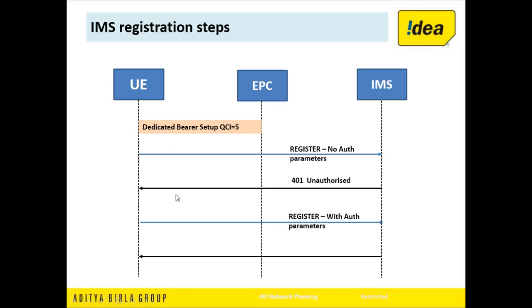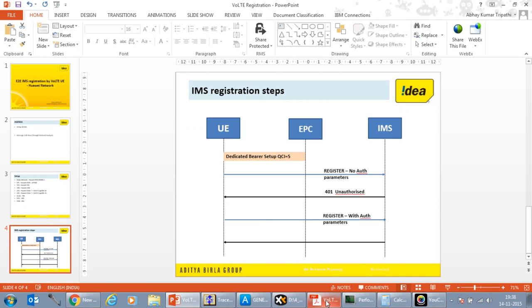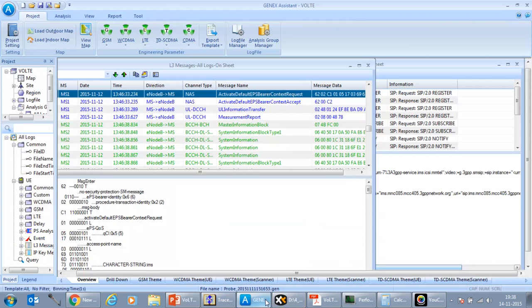IMS will respond back giving its nonce, saying that it is not authorized. It will provide some authentication parameter. The UE will respond with another register message, this time with the authentication response, and this should be okay. Now let's look at this message in more detail.